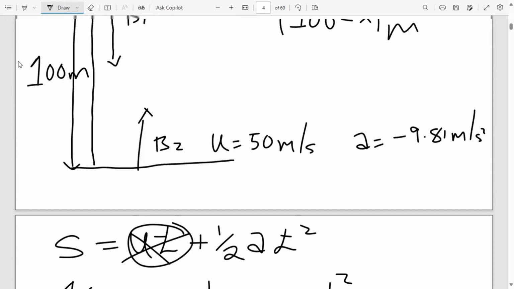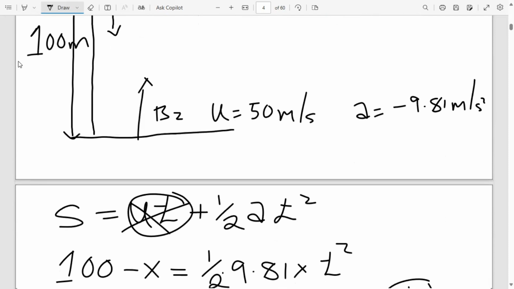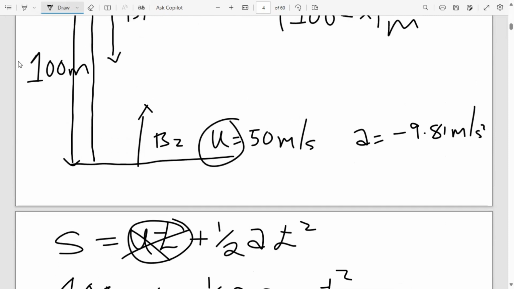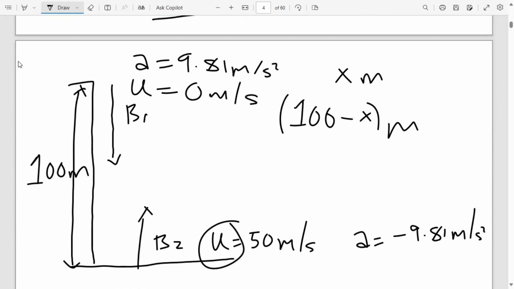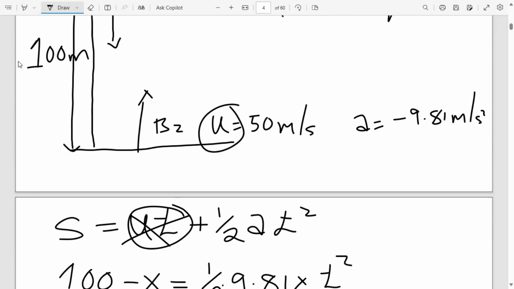We can now go to ball number 2. What do we know about ball number 2? If we use this same equation, we know the initial velocity. We know the distance, x meters. And we know the acceleration.